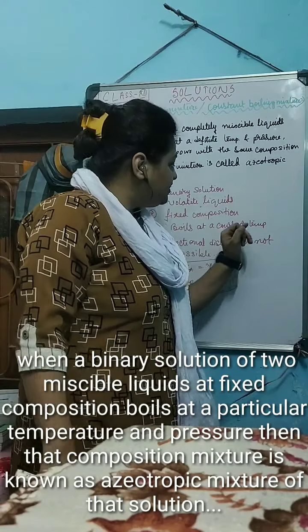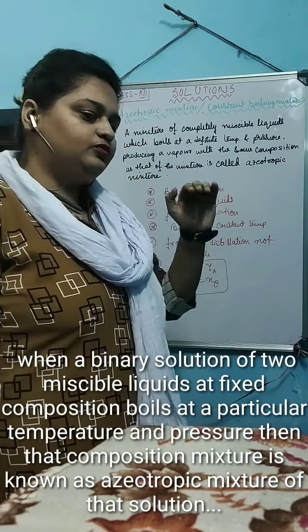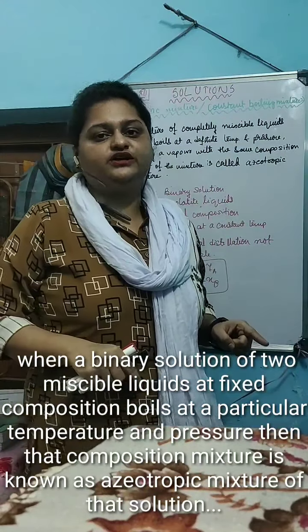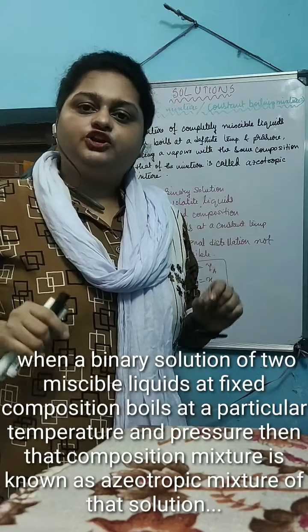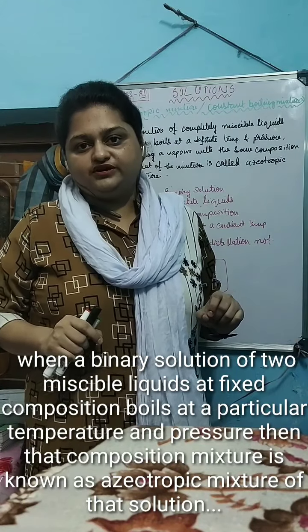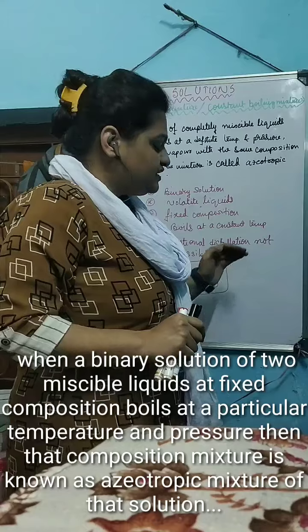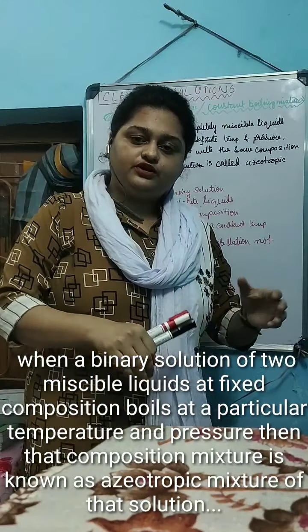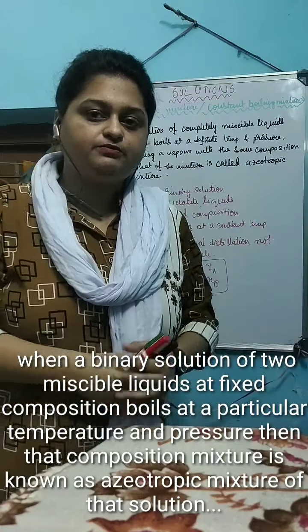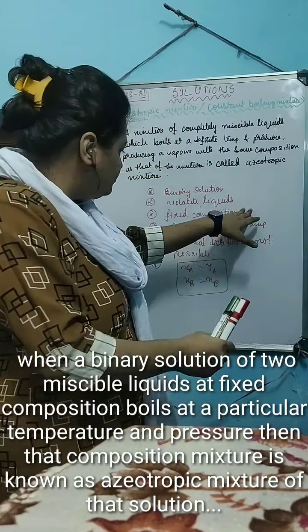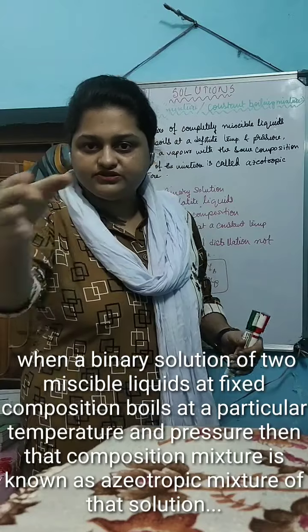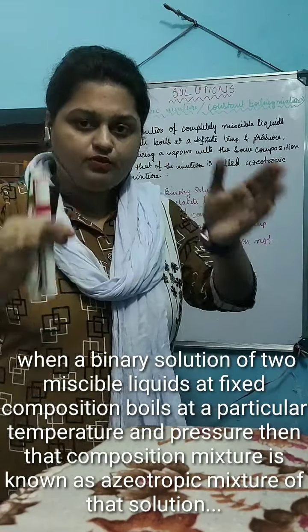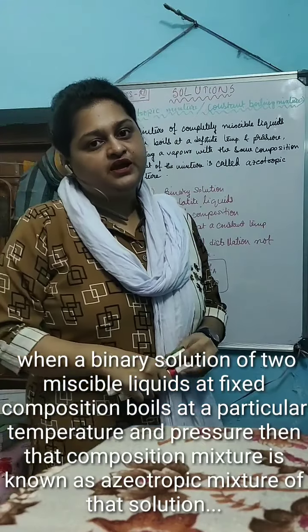There is another point that needs to be noted. When we make a solution by mixing two miscible liquids, each liquid has its own boiling point. Even after mixing, the solution may boil at a different temperature. But when you mix at this particular fixed ratio, the solution will boil at a particular temperature.